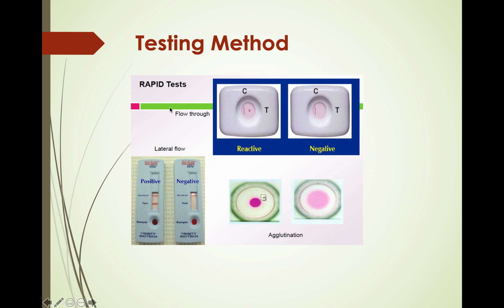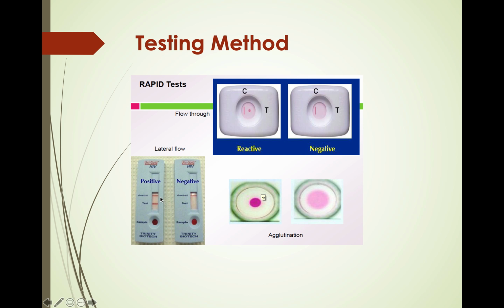It can either be through your flow through rapid kits, your laminar flow rapid kits, and you also have agglutination tests for your HIV. One thing that I want you to always remember is that you always have to see your control lines all the time. This is actually one of our internal quality controls when it comes to the testing for your HIV.